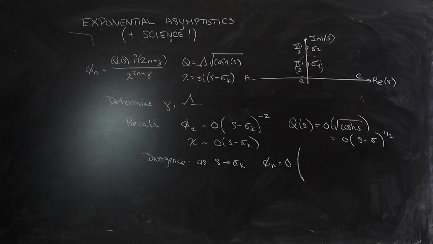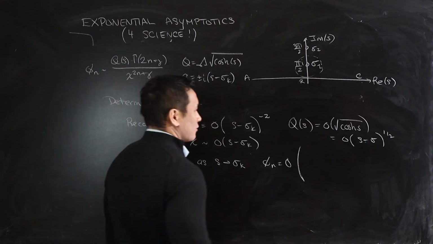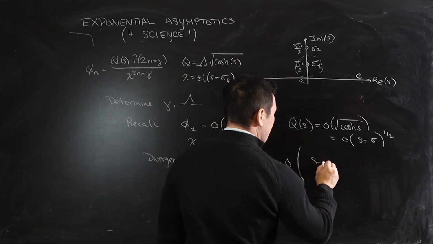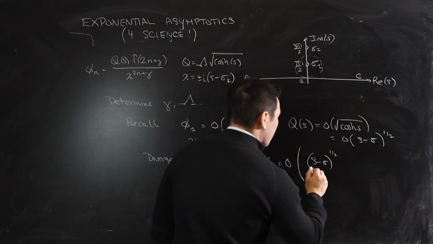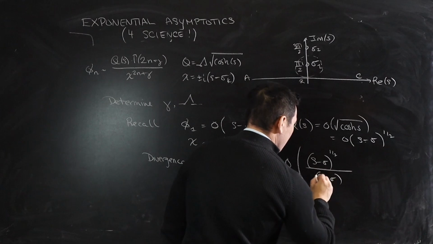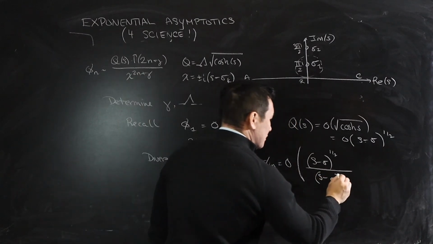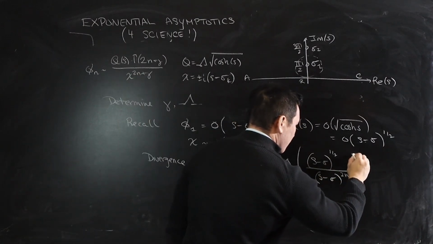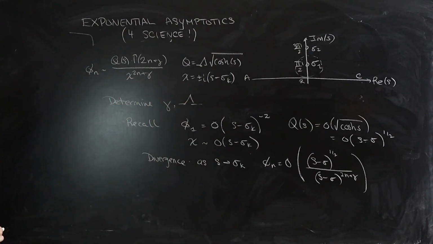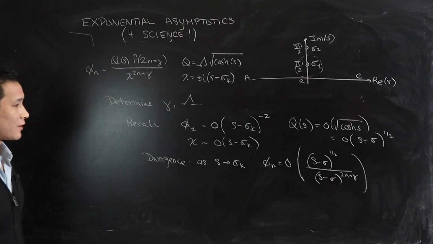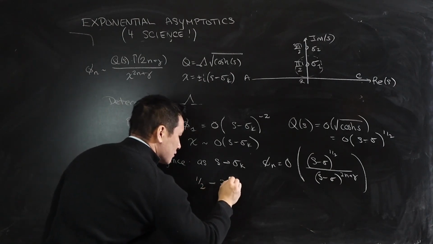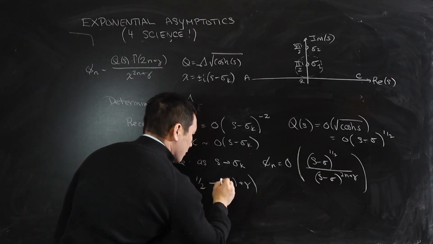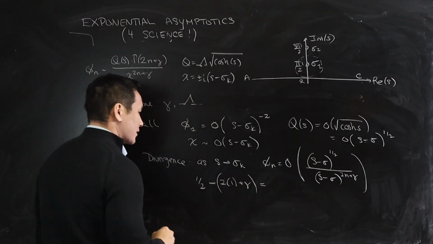So you put all of these together, and that tells you that you have s minus sigma to the 1/2 from the q, and then you have s minus sigma to the 2n plus gamma from the chi, and at n equal to 1, if I want to match this fella here, I basically need 1/2 minus 2 times 1 plus gamma to be equal to minus 2.